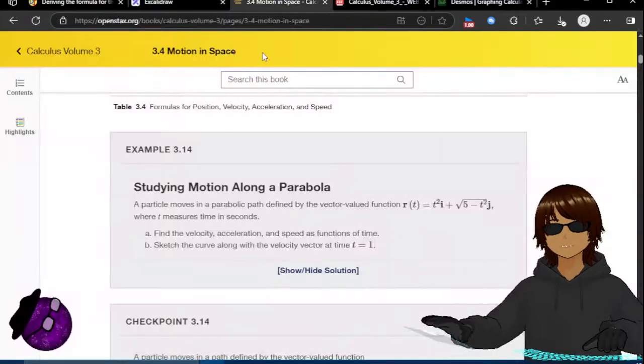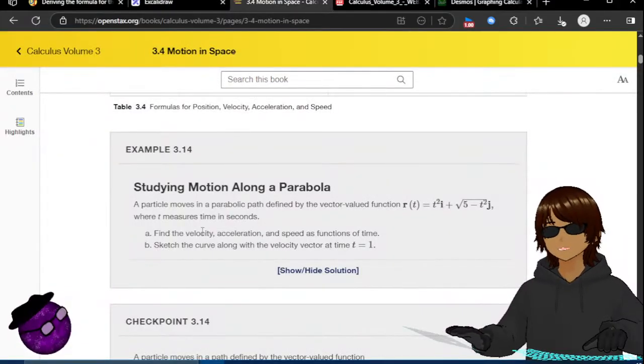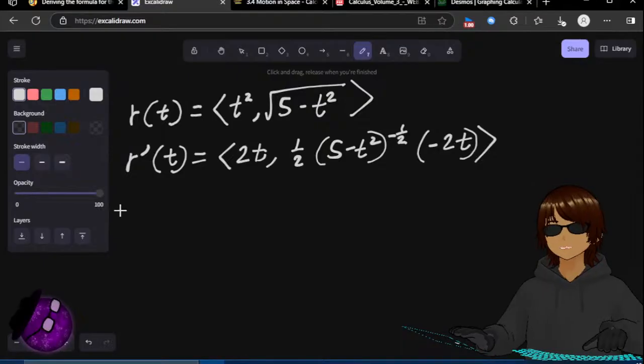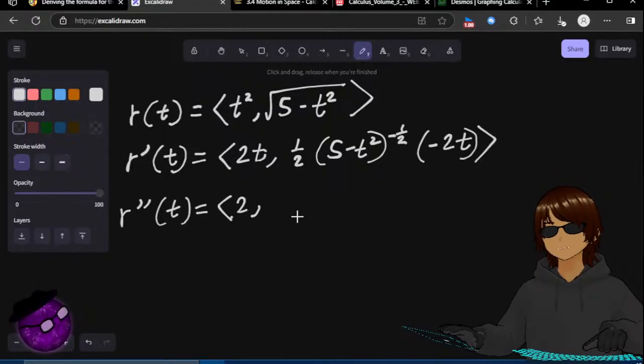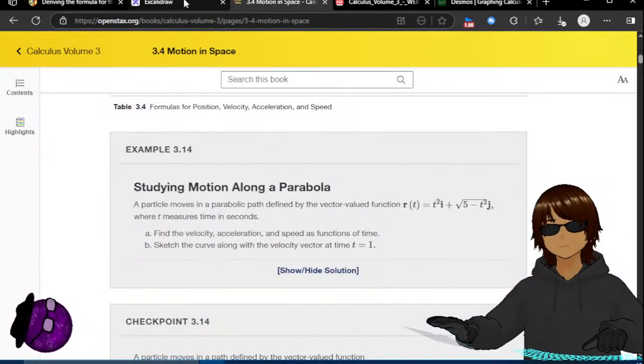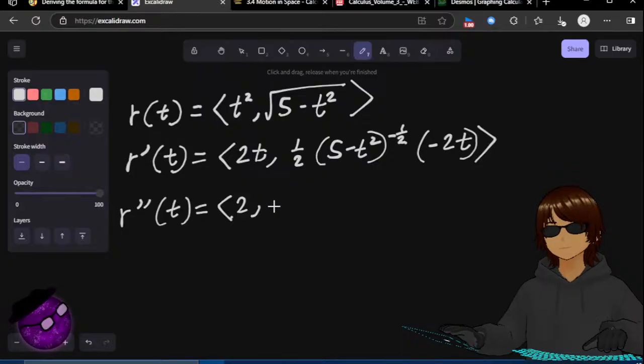Now that is the velocity, and the acceleration is the double derivative. Hold on. Now the derivative of the first.